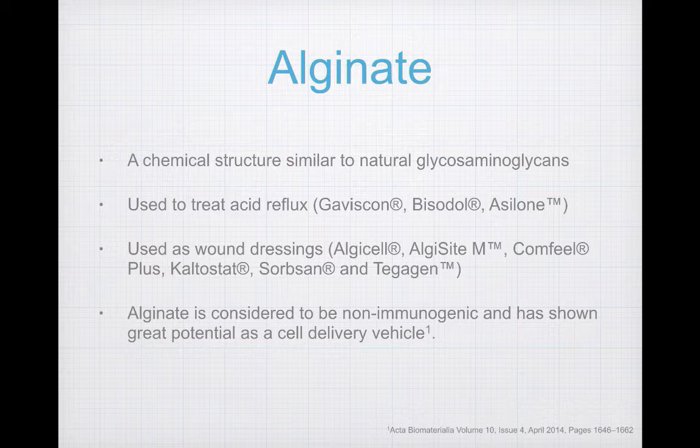That means it doesn't cause an immune response. And research suggests that it is a viable cell delivery vehicle, or it's viable for cell encapsulation. And it's relatively inexpensive and easy to use, and so that's why we chose to use alginate in this particular experiment.